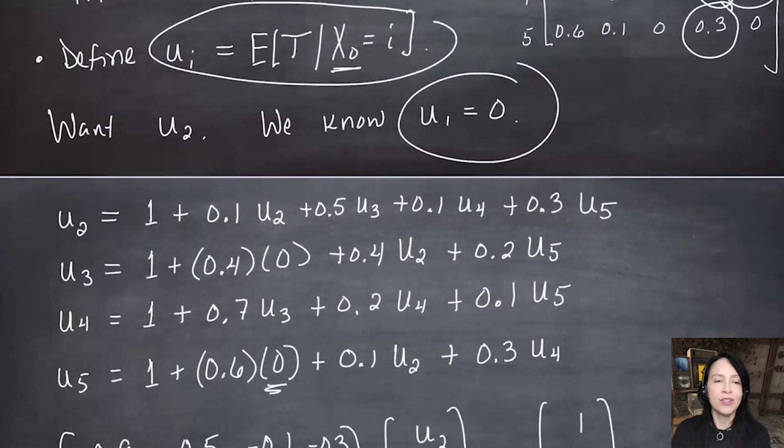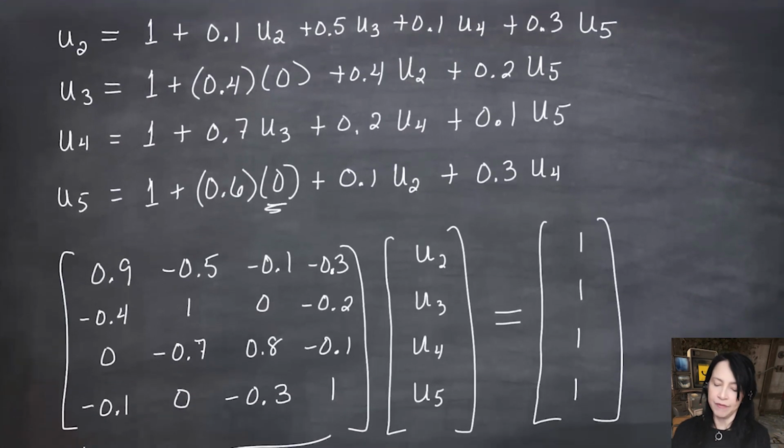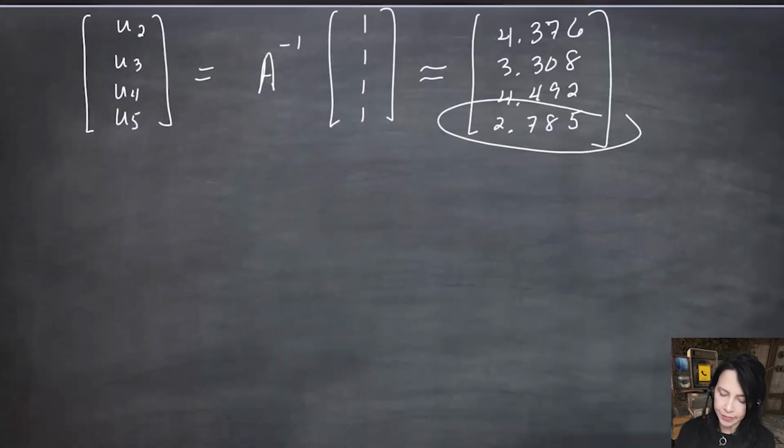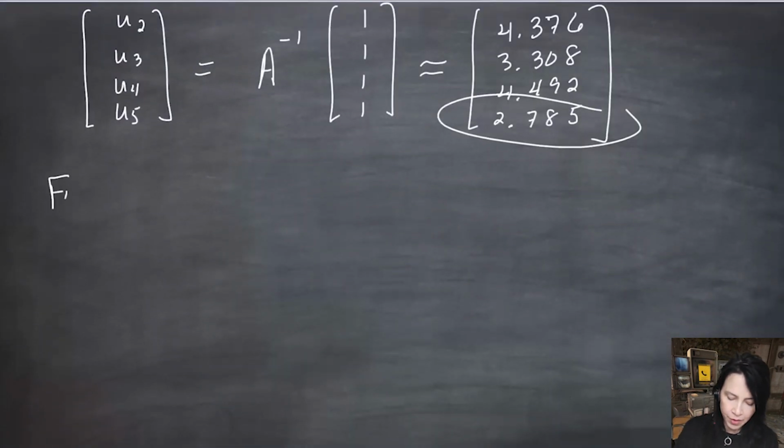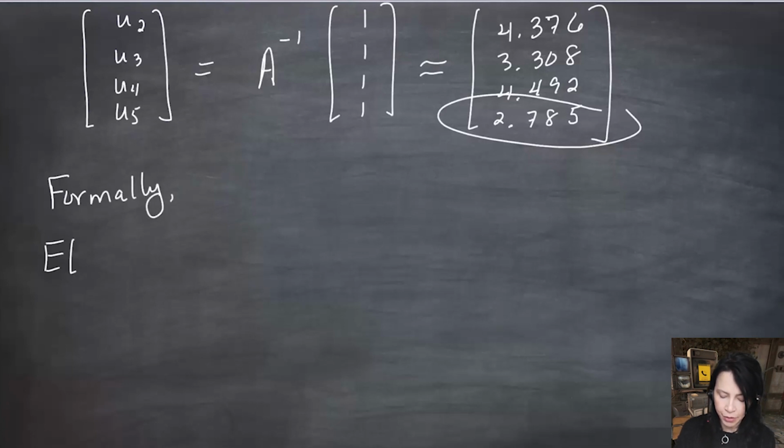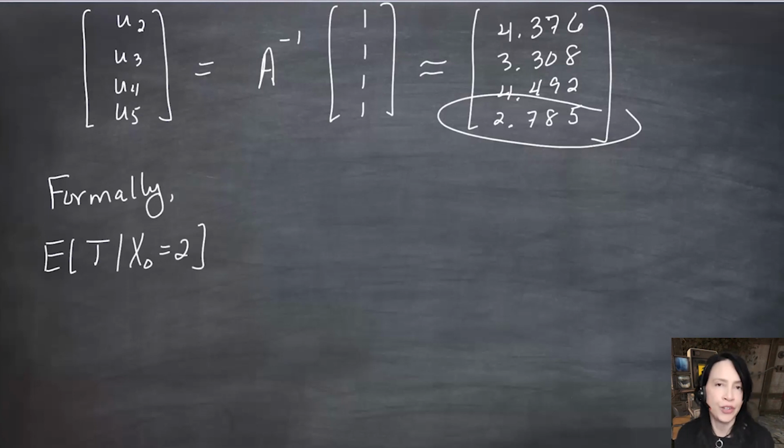So these equations, I think, felt good. I think they felt intuitive, but what are we really doing formally? Formally, we are computing the expected value of t, which is still the first time to hit state 1, given we're starting at state 2, and we're doing it by conditioning on where we are at time 1.